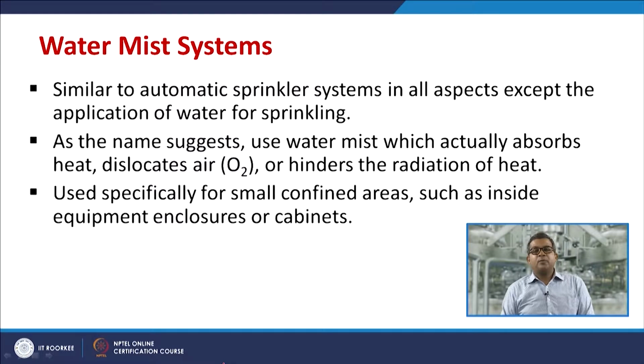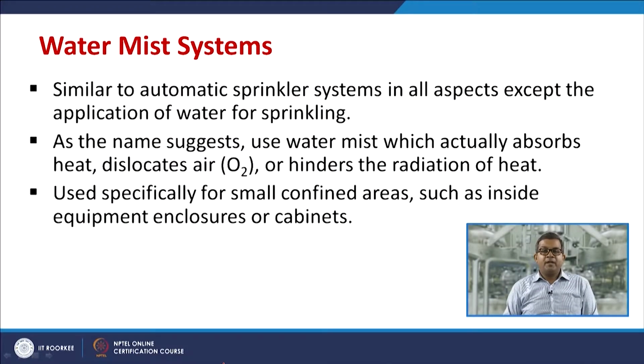Because the mist has a larger surface area, it can easily absorb the heat, and simultaneously, because of its large density, it can cordon off the air supply and, in an indirect way, the oxygen supply, while hindering the radiation of heat.